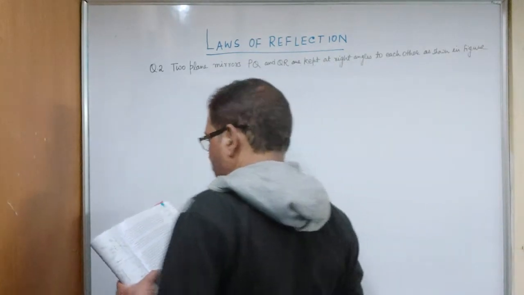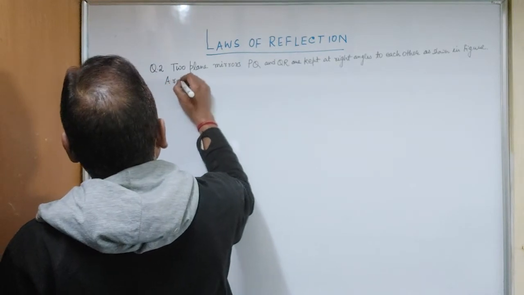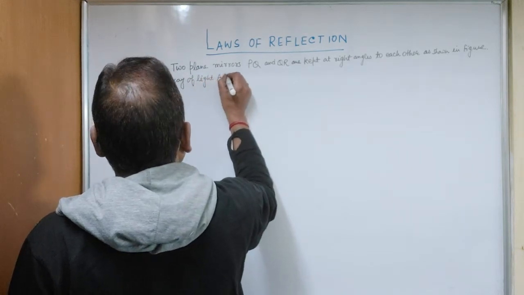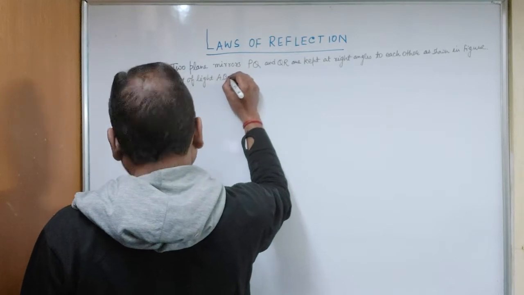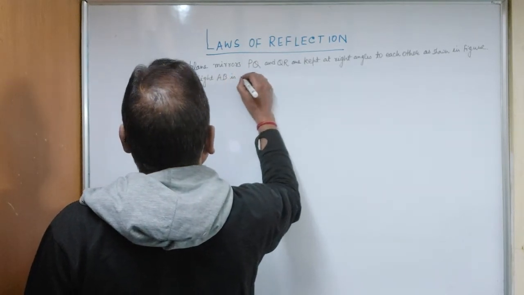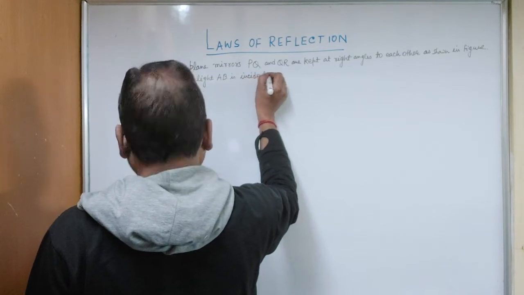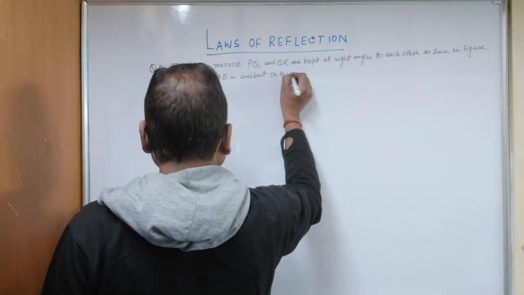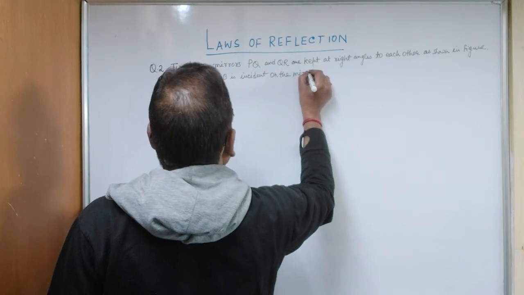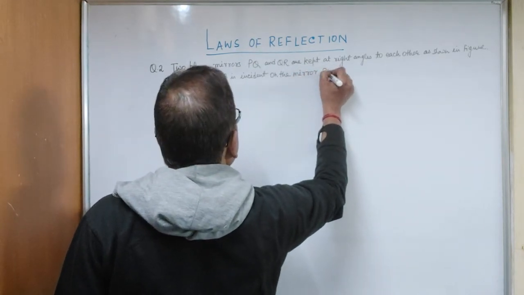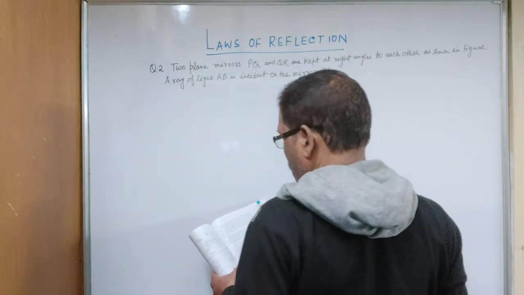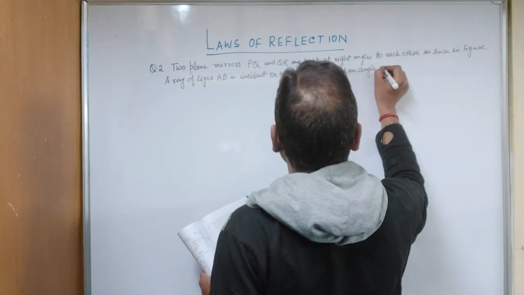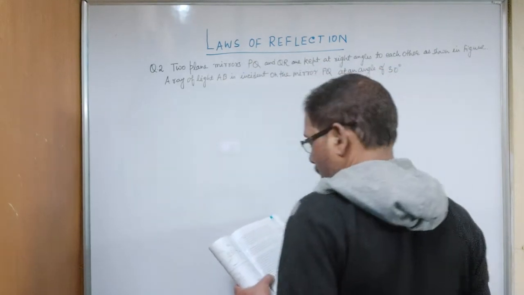A ray of light AB is incident on the mirror PQ at an angle of 30 degree, as shown in figure.